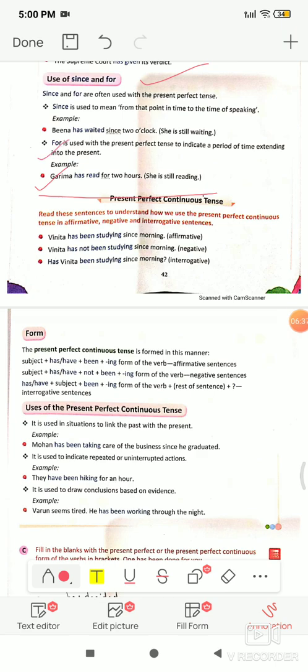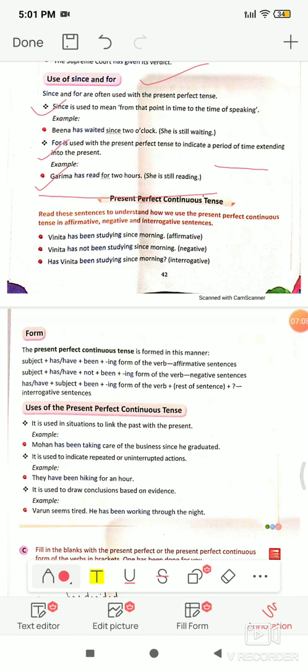For is used with the present perfect tense to indicate a period of time extending into the present. Means the work which was started before but it is still continuing. So we use for in those situations, and since is used to mean from that point of time to the time of speaking. Bina has waited since 2 o'clock. Like from that point of time to now.